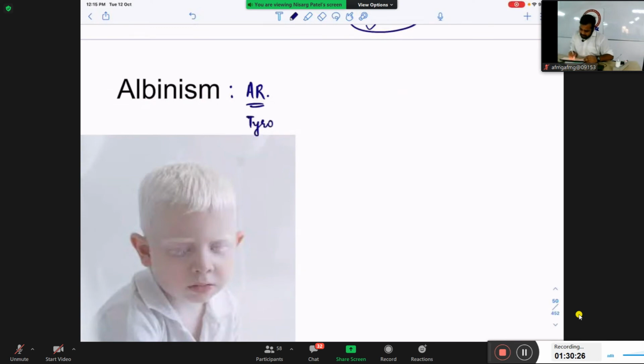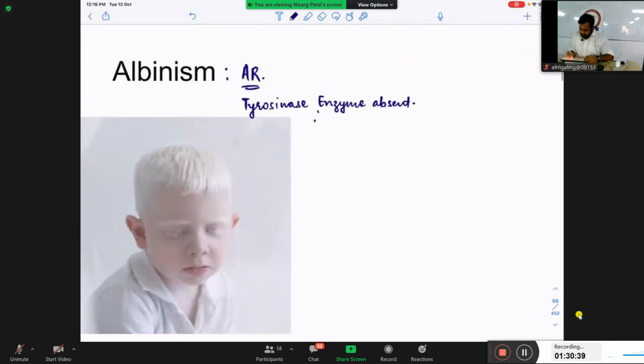Here you will see tyrosinase enzyme absence. Because this enzyme is absent, the patient will have diffuse depigmentation.